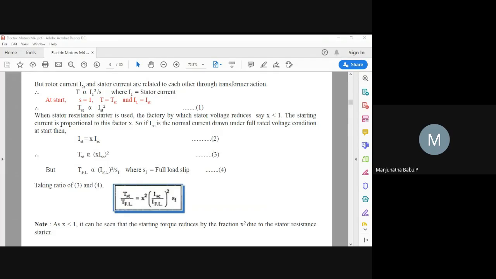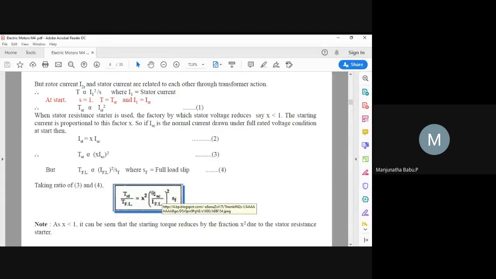Now here, substitute for the auto transformer starting which would give full load torque at start. So T start by TFL will be equal to 1. With respect to this formula, T start by T full load is equal to 1, which is equal to X square.